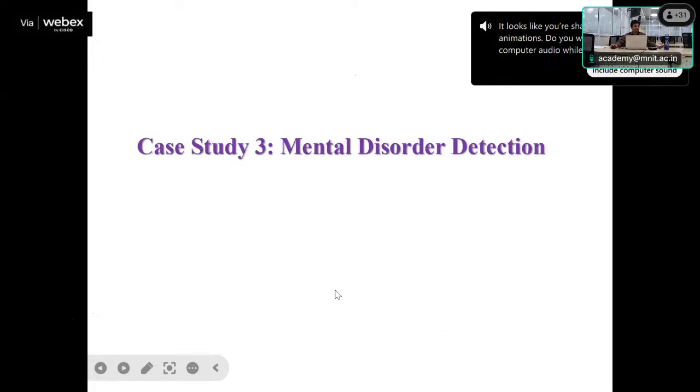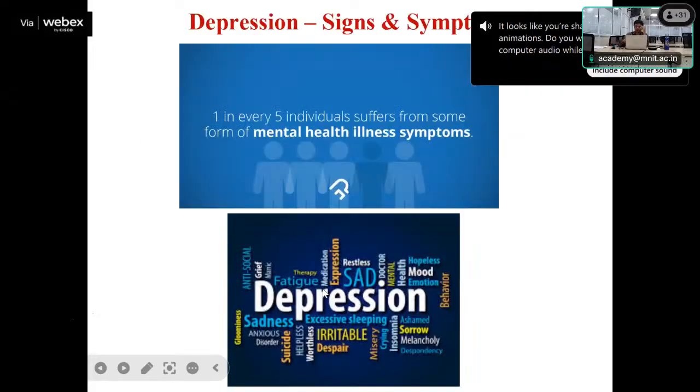Now another application where we are working is mental disorder detection. Mental disorder has been creeping up very gradually over the past few years, and after COVID, the impact is being observed substantially. Depression is one of the very important mental health problems.